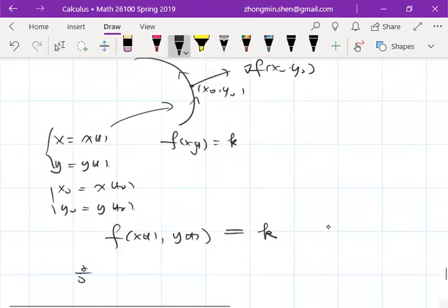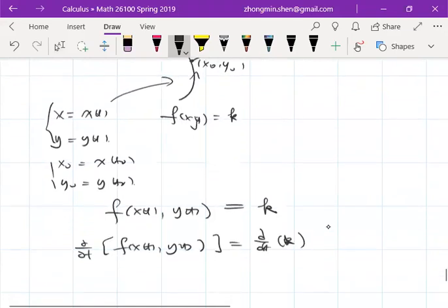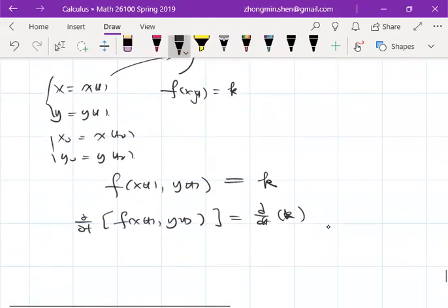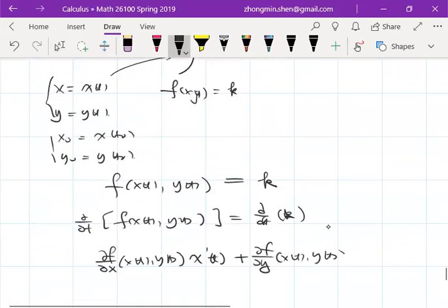So when you differentiate, you get the implicit differentiation. You will get the partial derivative with respect to x times x prime of t, plus the partial derivative with respect to y times y prime of t, equals 0.